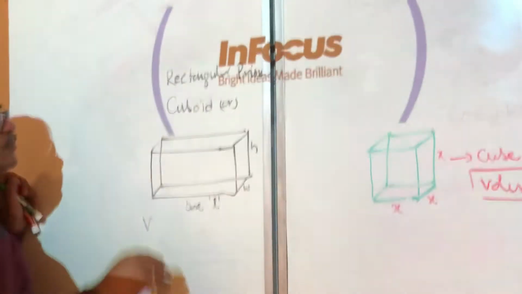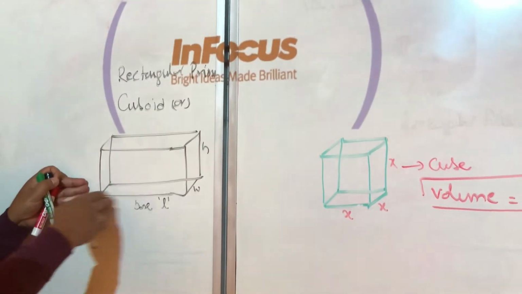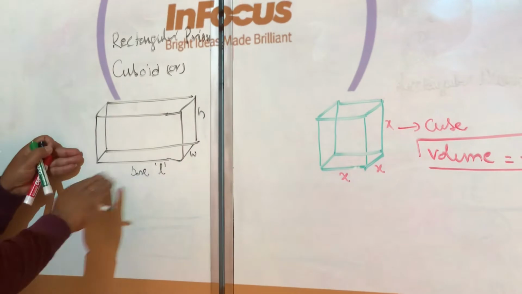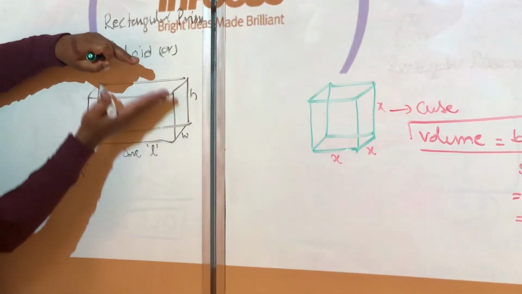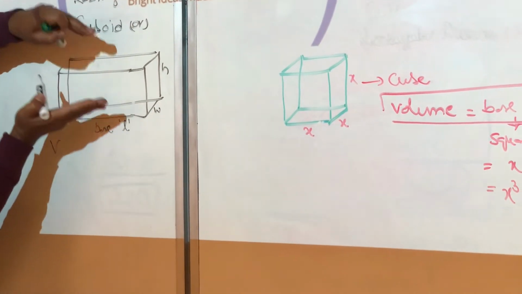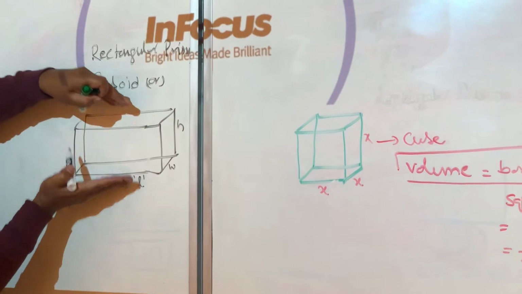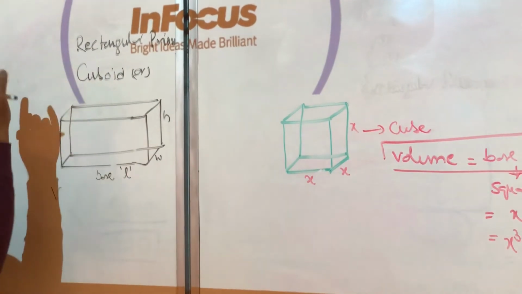When I say prism, it has two parallel bases, and the distance between them is called the height. You can see it like this, or you can also see it like this. These are the two parallel bases, and this is the height. So this is called a rectangular prism or cuboid.